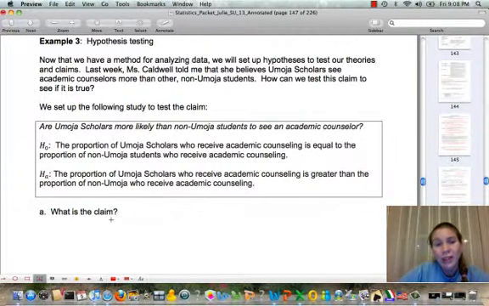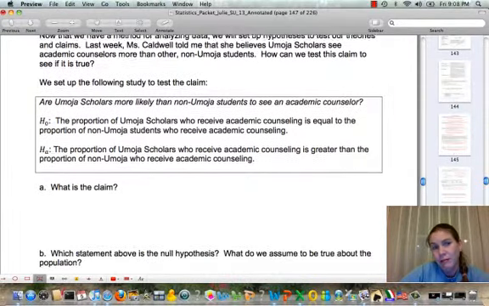So question A is asking us, what is the claim? So we want to go back to see what Ms. Caldwell was saying in her claim. And it tells us Ms. Caldwell believes Umoja scholars see academic counselors more than other non-Umoja students. So that's the claim that we're investigating.